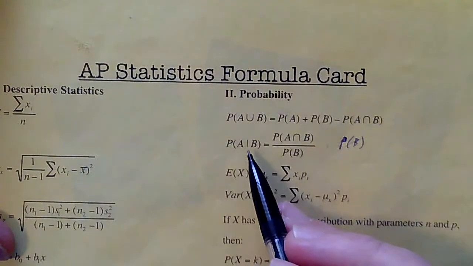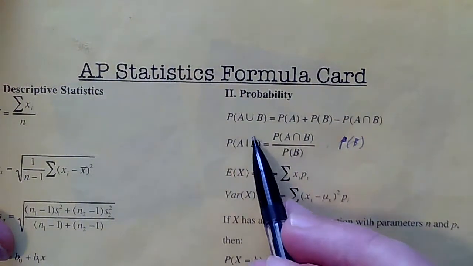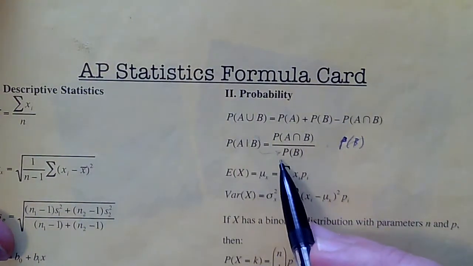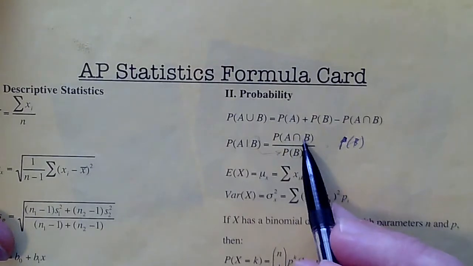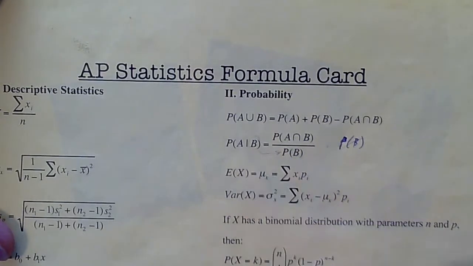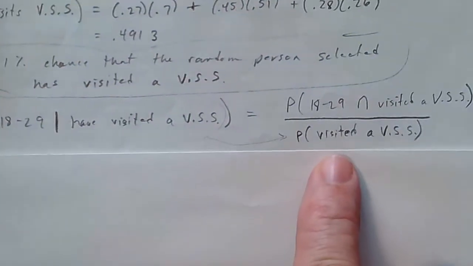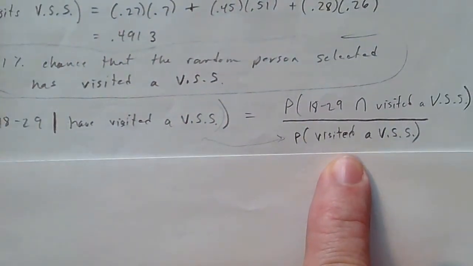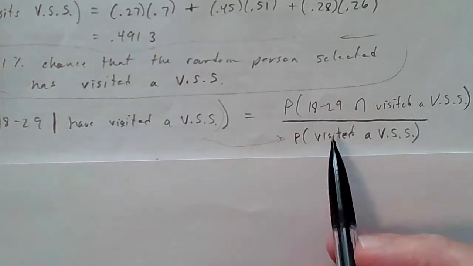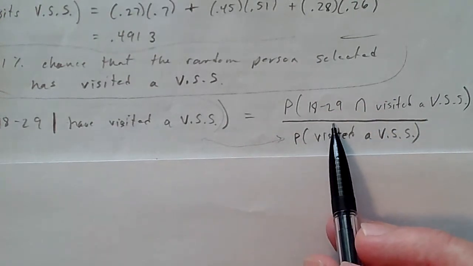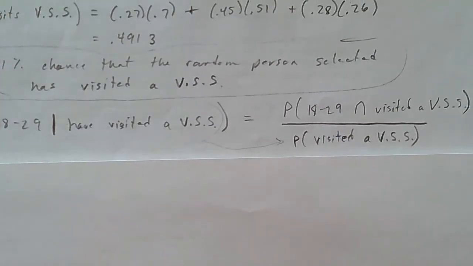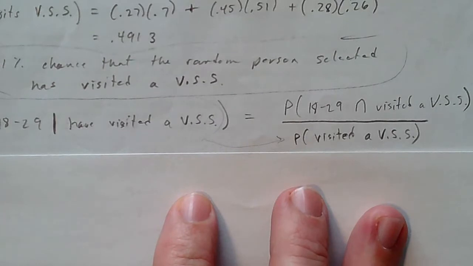Following this conditional probability formula, whatever is given goes on the bottom, and then we have A and B up top. So what was the given condition? Visit a VSS. Up top, it's the combination of both A and B. All right, so let's grab our numbers.